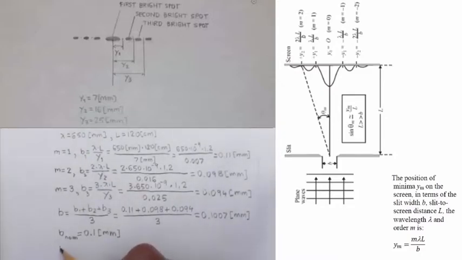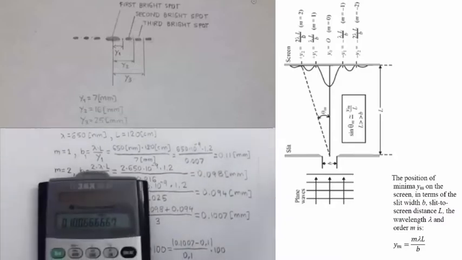In our case, the percentage error would simply be equal to the absolute value of the B calculated minus B nominal over B nominal times 100, which in our case is going to be 0.1007 minus 0.1 nominal over 0.1 nominal times 100.